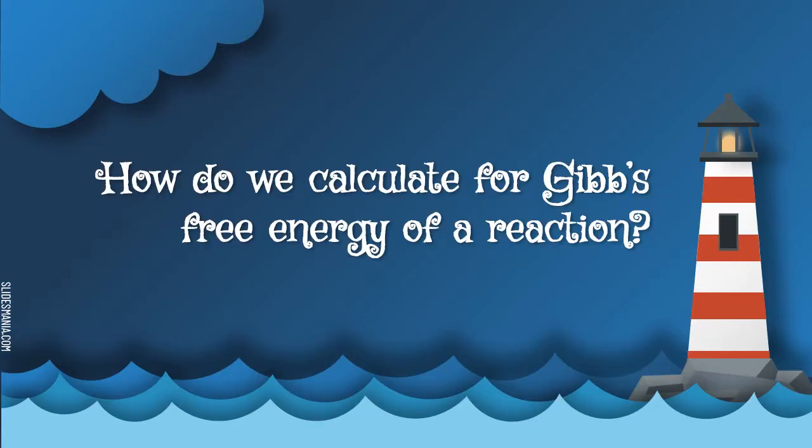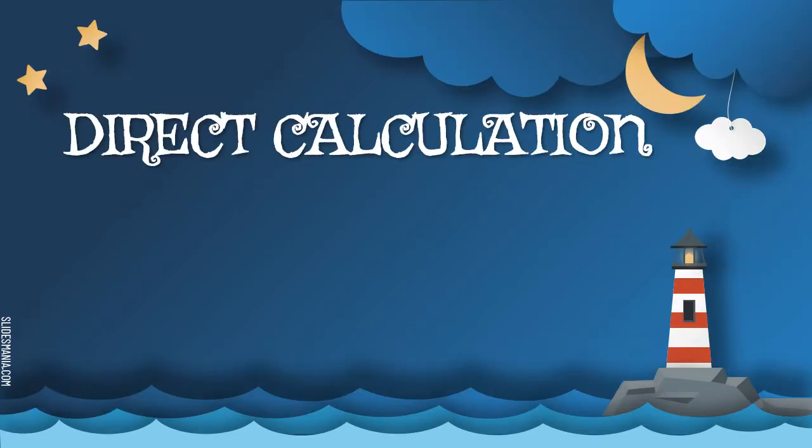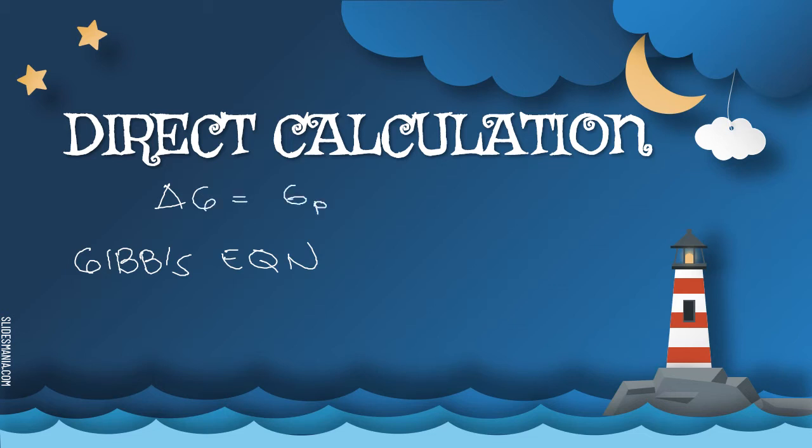So how do we calculate the Gibbs free energy of a reaction? We have two methods. The first one is your direct calculation, and the second one is via your Gibbs equation. Direct calculation is simply delta G is equal to the G of your products minus the G of your reactants.